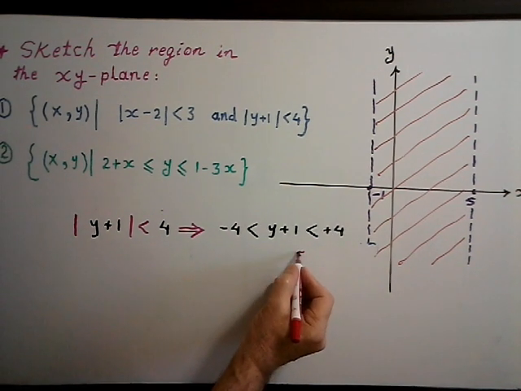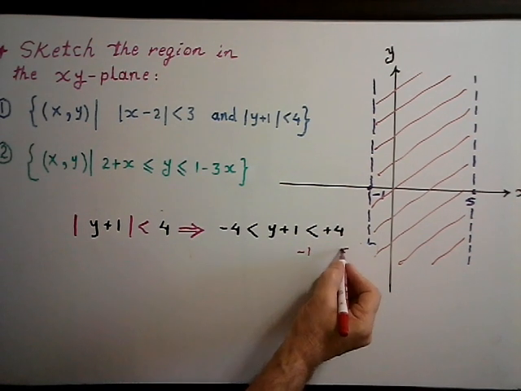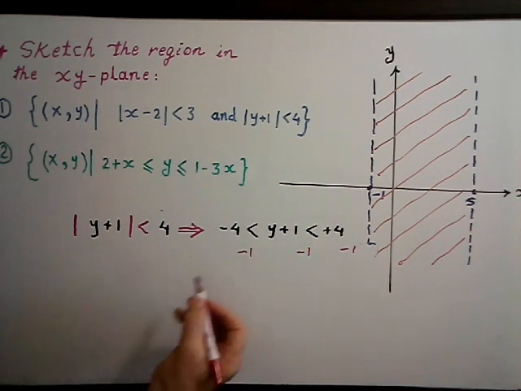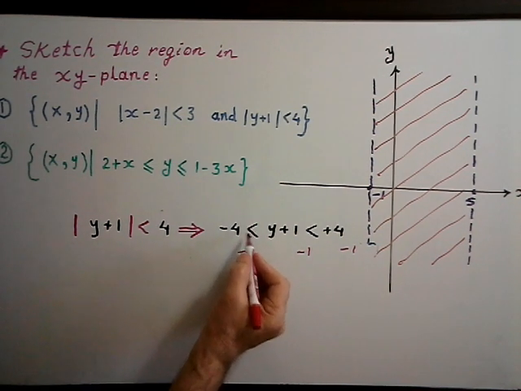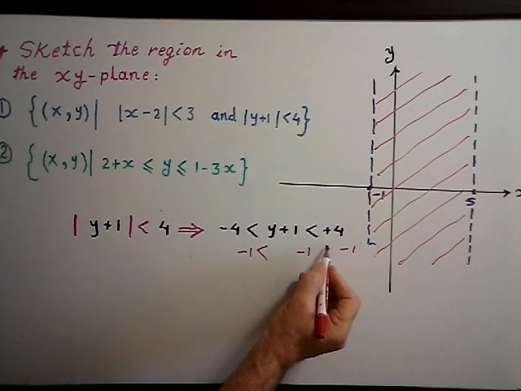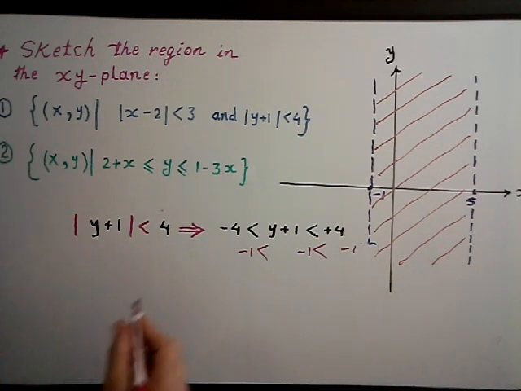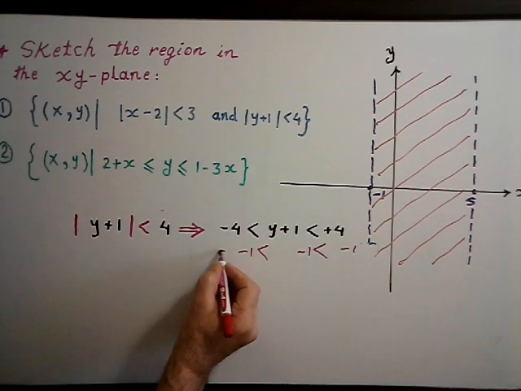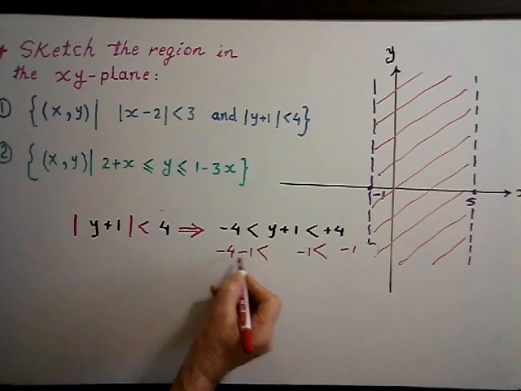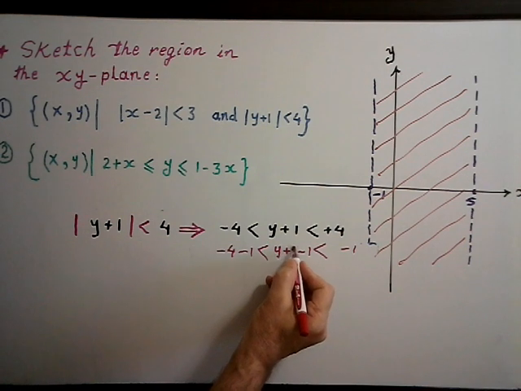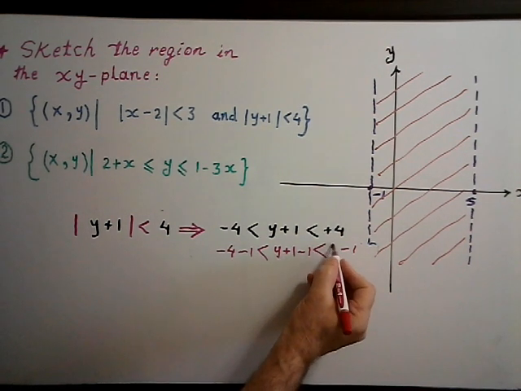So here -1 will be added, and -1 here, and -1 here. And the sign of inequality will stay without a change, because adding, as we said, will not change the inequality. So here -4, here y + 1, here +4.